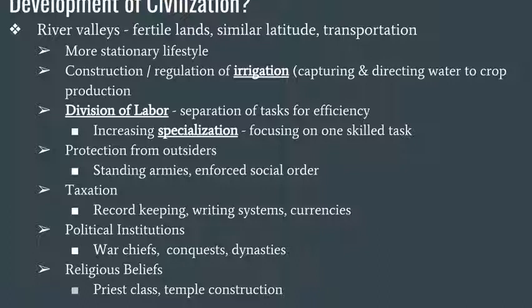The division of labor, a term in economics here, but it basically means the separation of tasks for the purposes of efficiency, for the purpose of getting more things done in a productive fashion. So maybe one group of your people can be employed in just digging those irrigation ditches so you can get water to new areas of land.